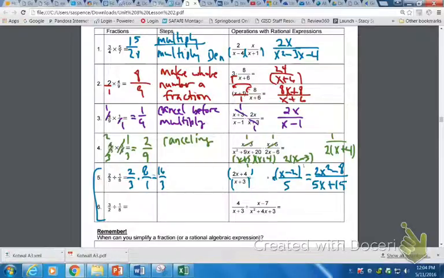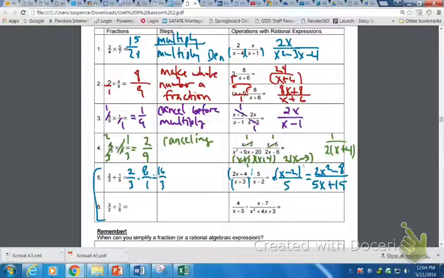Can you explain it again? I don't know how you got the x minus 2. I took the reciprocal. Division is the same as multiplying by the reciprocal. So I change the division to multiplication and I take the reciprocal.